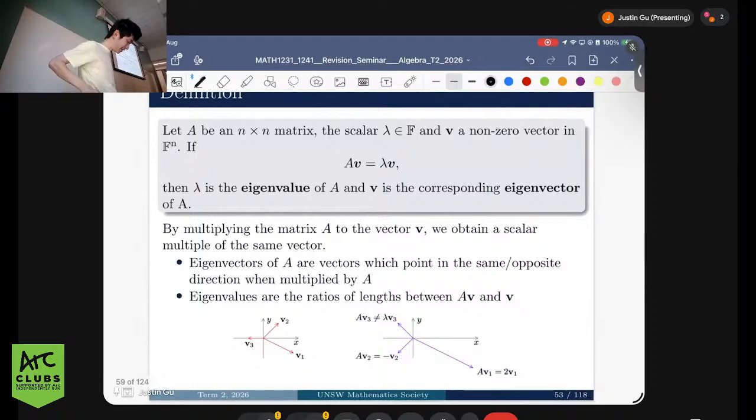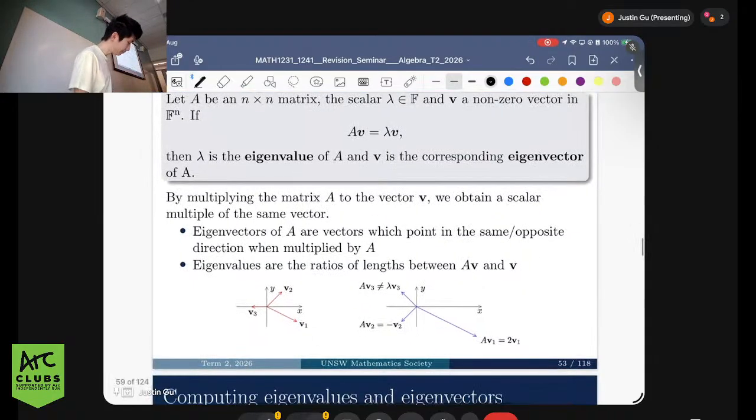And the exact definition is: let A be an n by n matrix, and let lambda be a scalar in our field, and v a non-zero vector in F^n. If this vector and scalar satisfy the equation Av = lambda v, then lambda is what we call an eigenvalue of A. We can have multiple of those, and v is the corresponding eigenvector.